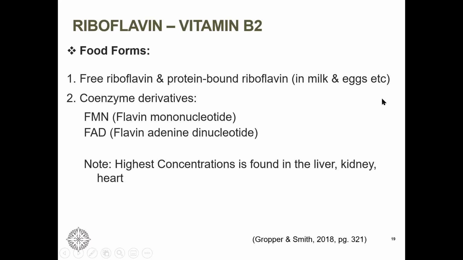Right. But it is the coenzyme form which our body uses. And what are those forms? Flavin mononucleotide and flavin adenine dinucleotide. And we all know riboflavin may be destroyed with exposure to sunlight.